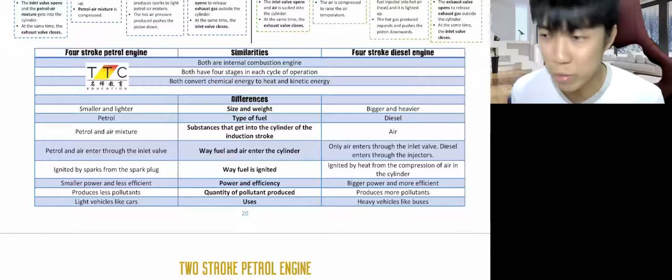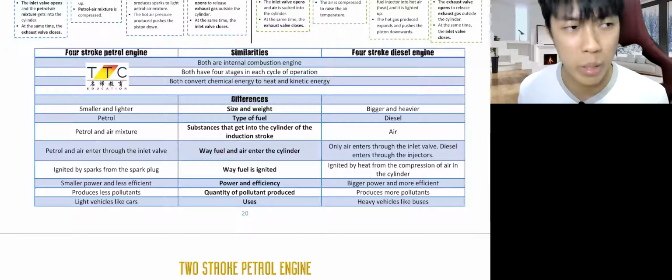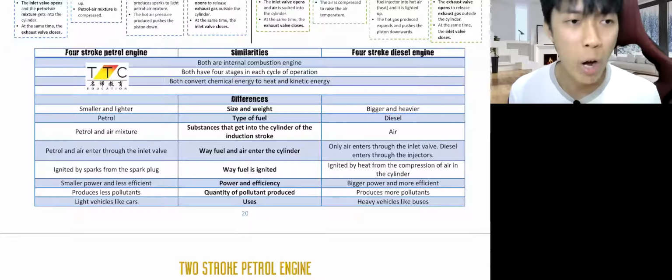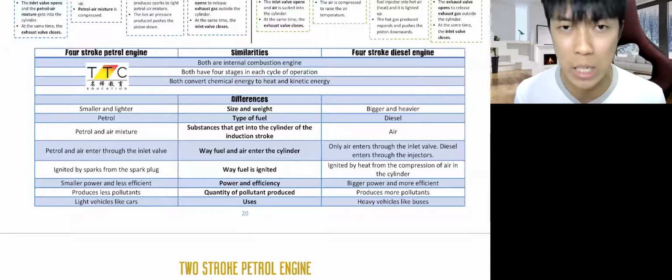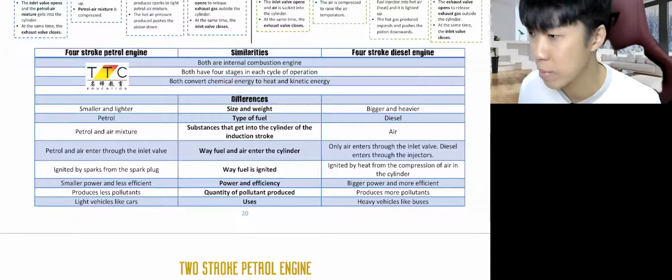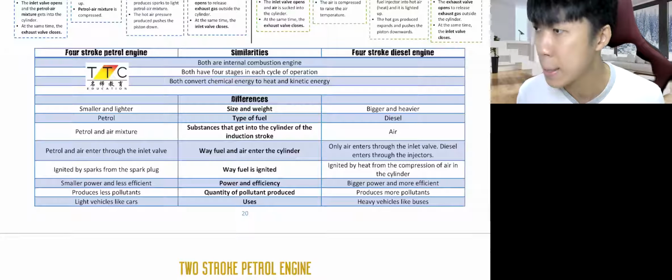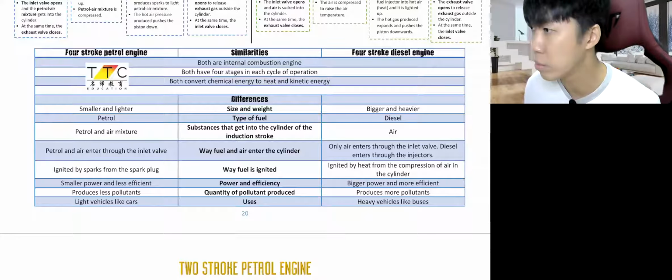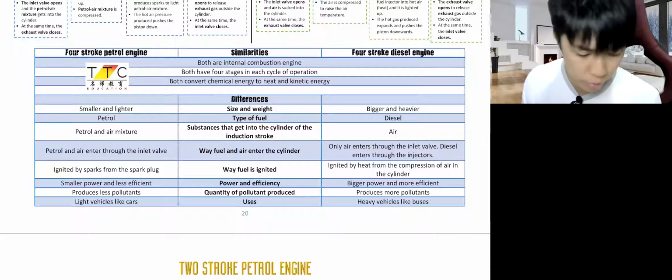You know how to form a sentence like: four-stroke petrol engine uses petrol as fuel, while four-stroke diesel engine uses diesel as fuel. Okay, all good.